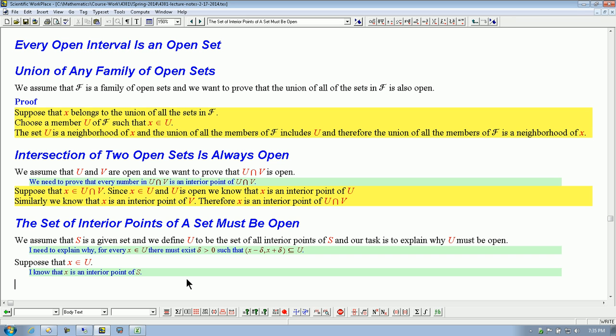What's the next word? Choose. Choose what? The statement, x is an interior point of S, means there exists delta greater than 0 such that the delta stick around x is included in S. And when something exists, you say, choose. Choose delta greater than 0 such that this stick is a subset of S. Okay? What a pity it wasn't a subset of U, but I don't have that. Well, now comes the punchline.